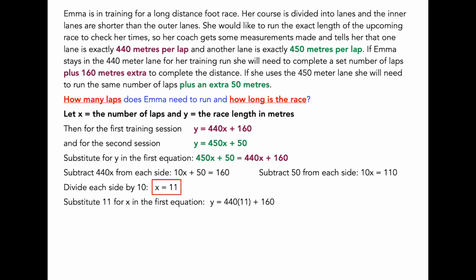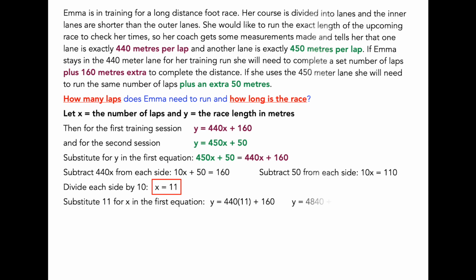And to find the value of the second unknown, the length of the race, y, we'll substitute 11 for x in the first of our equations. y equals 440x plus 160. So y equals 440 times 11 plus 160. 440 times 11 is 4,840.